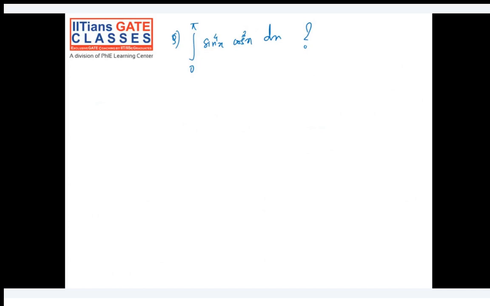Anyone? Can I apply the formula directly? I cannot, right? Because in this case the limit is 0 to pi, so I cannot apply the 0 to pi by 2 formula in this. So you have to convert this integral from 0 to pi to 0 to pi by 2. You have to think in that way.